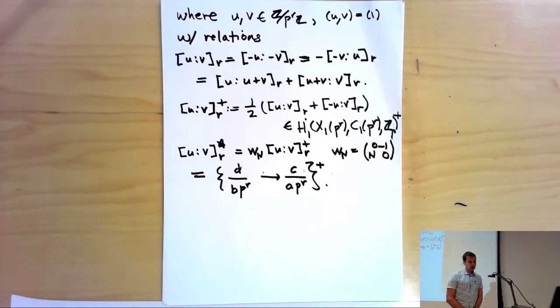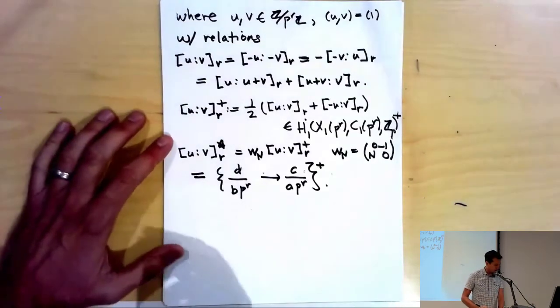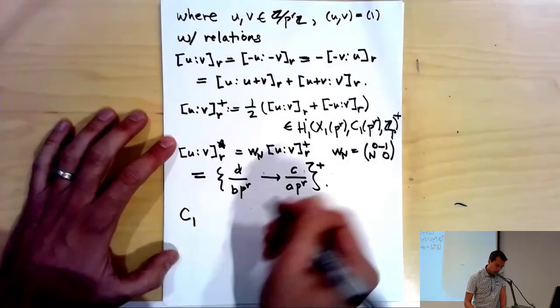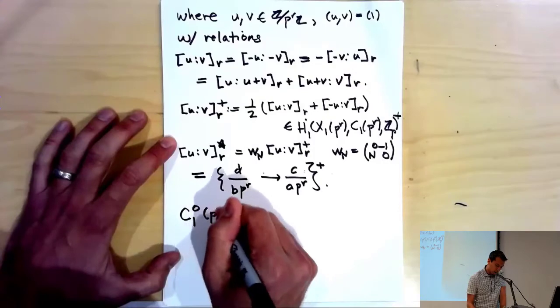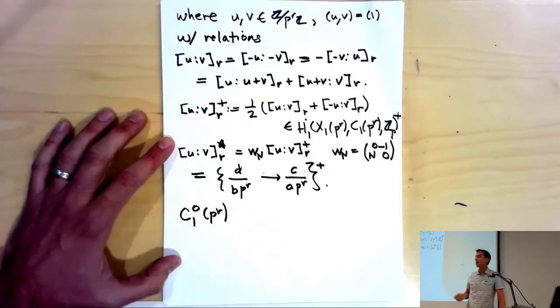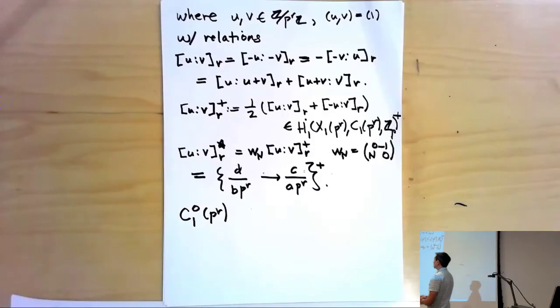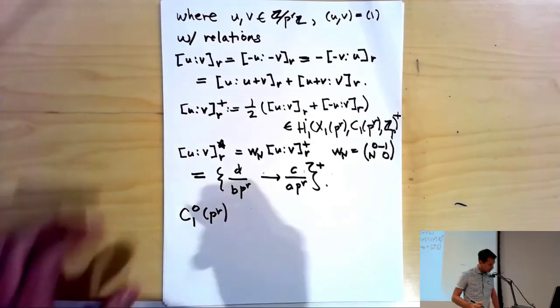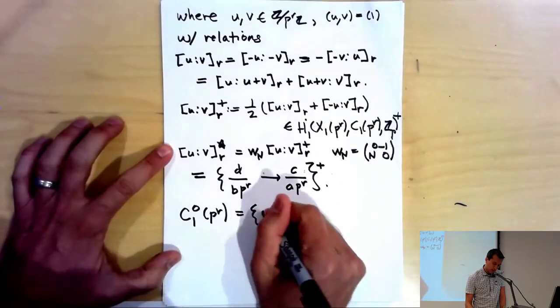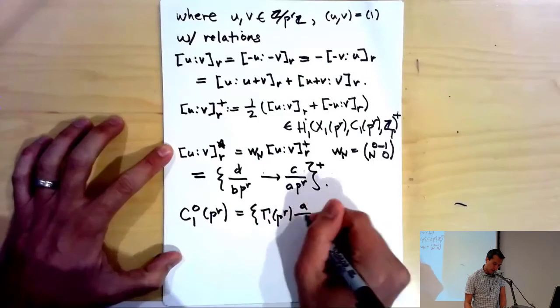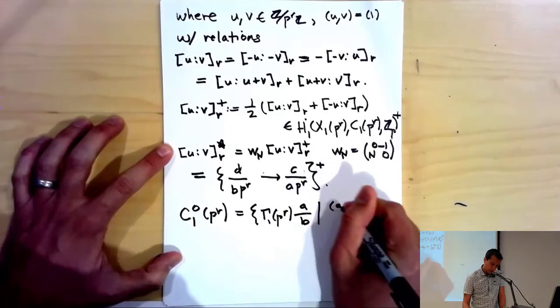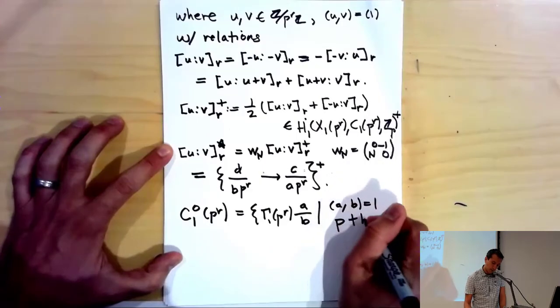And so these also present a group, and let me tell you which group they present. They generate C_1^0(p^r), which will be some subset of the cusps. So there are two ways to think of this. I call this the non-zero cusps, or actually, Fukaya and Kato called it the non-zero cusps. So you can think of this as the cusps that don't map to 0 on the modular curve X_0(p^r). Explicitly in this case, this is the cusps that are represented by fractions a/b, relatively prime, reduced fractions, where p does not divide b.